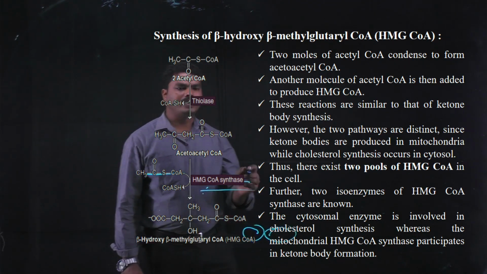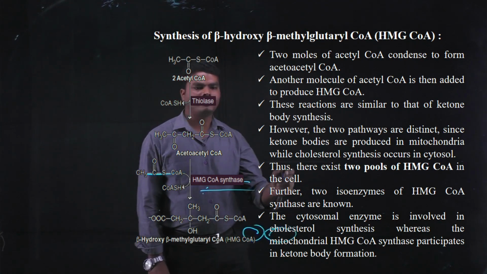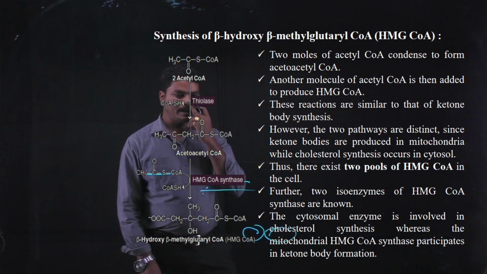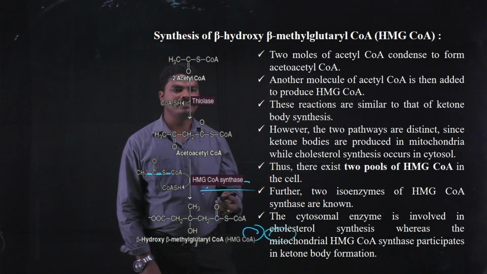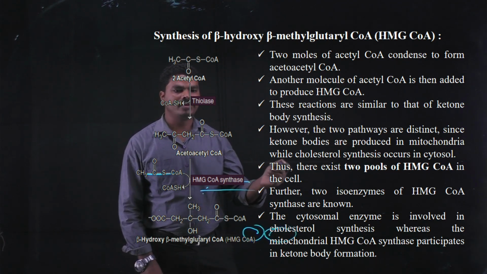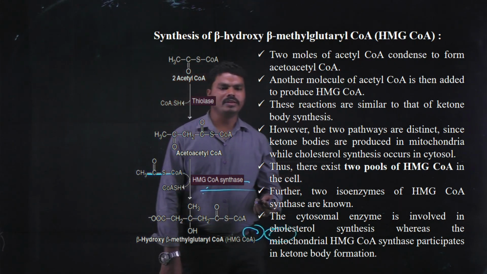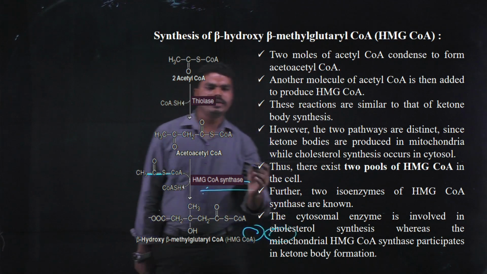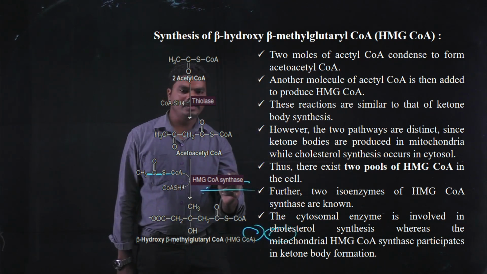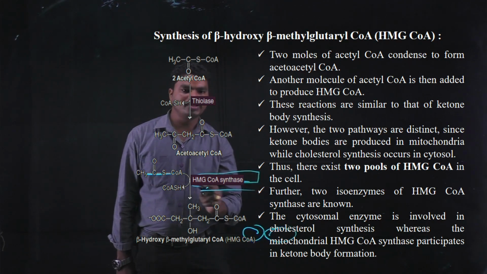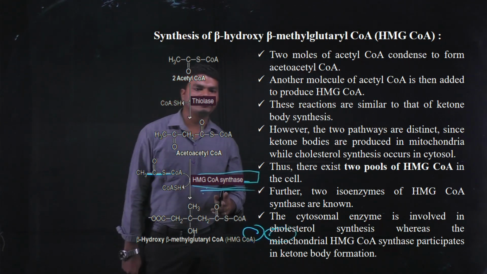Okay, and further two isoenzymes of HMG-CoA synthase are known. Sorry, the two isoenzymes of HMG-CoA synthase are known. So the cytosolic HMG-CoA synthase is involved in the cholesterol synthesis, whereas the mitochondrial HMG-CoA synthase is involved in the ketone body formation. So there are two types of HMG-CoA synthases.